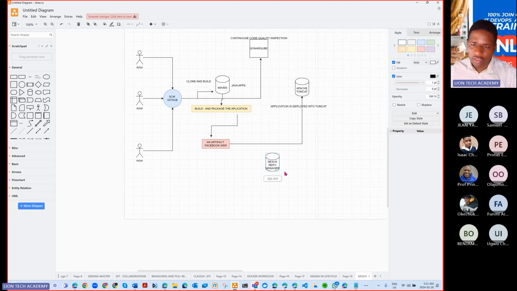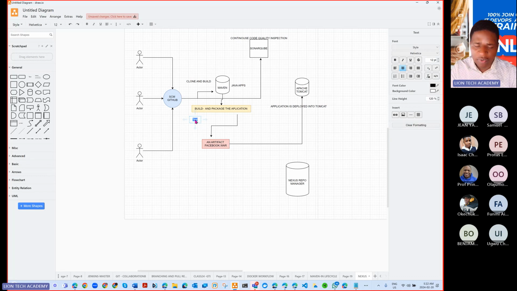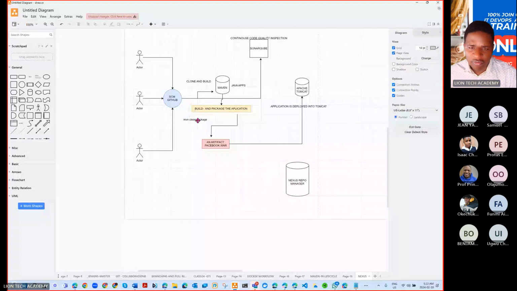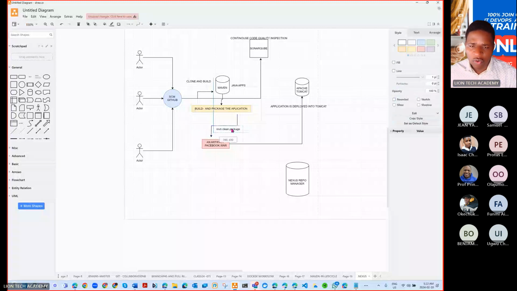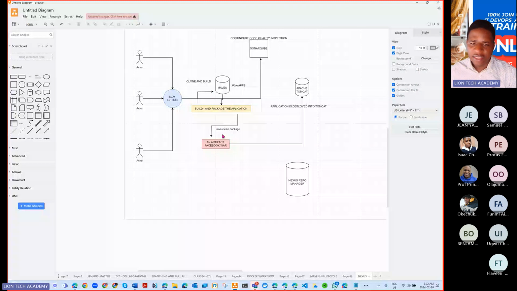So now the question is, when you run mvn clean package, that's the command we run to build the application. What happens is that this command, or this goal, gave us this artifact.